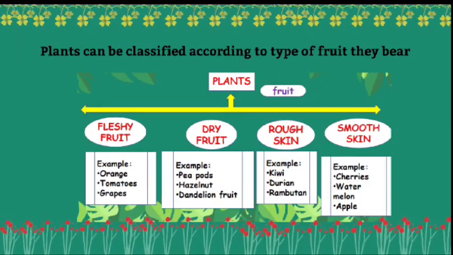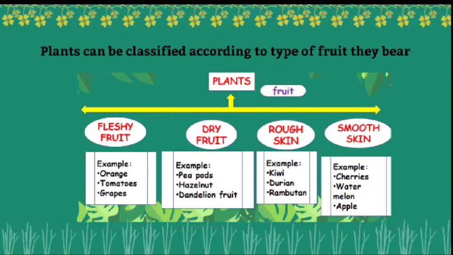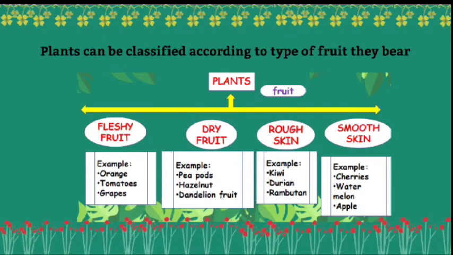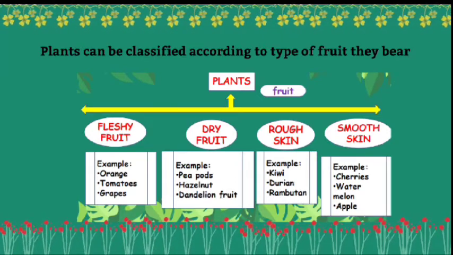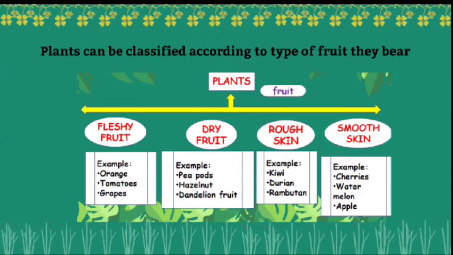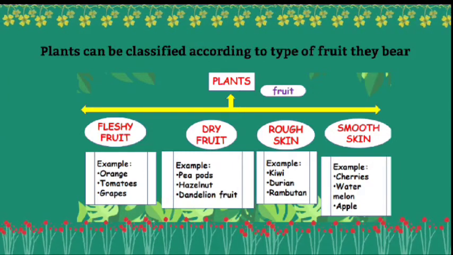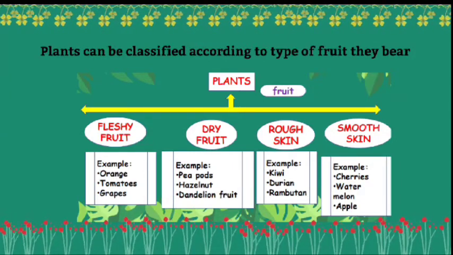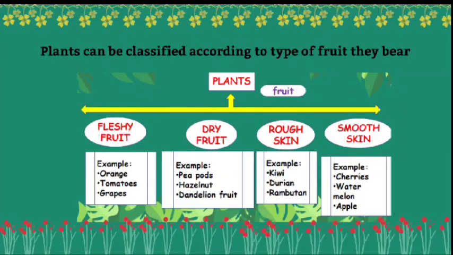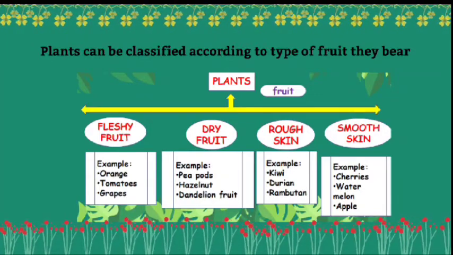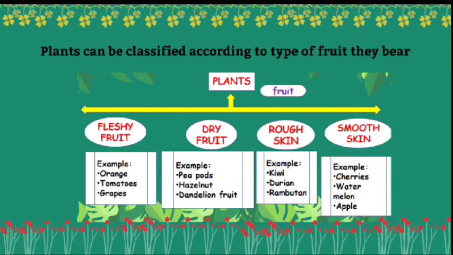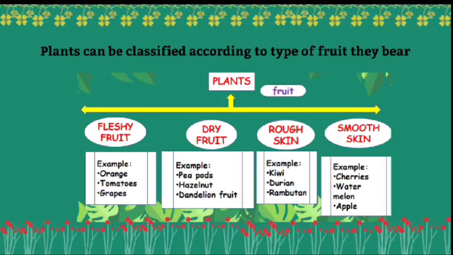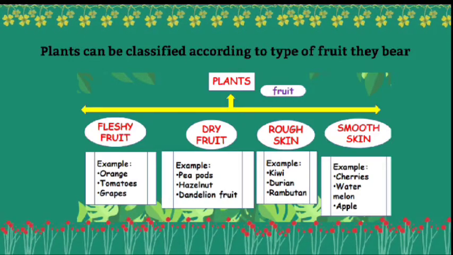And then, plants can be classified according to the type of fruits they bear. Fleshy fruits, for example, orange, tomatoes, and grapes. Dry fruits, for example, pea pods, hazelnut, and dandelion fruits.